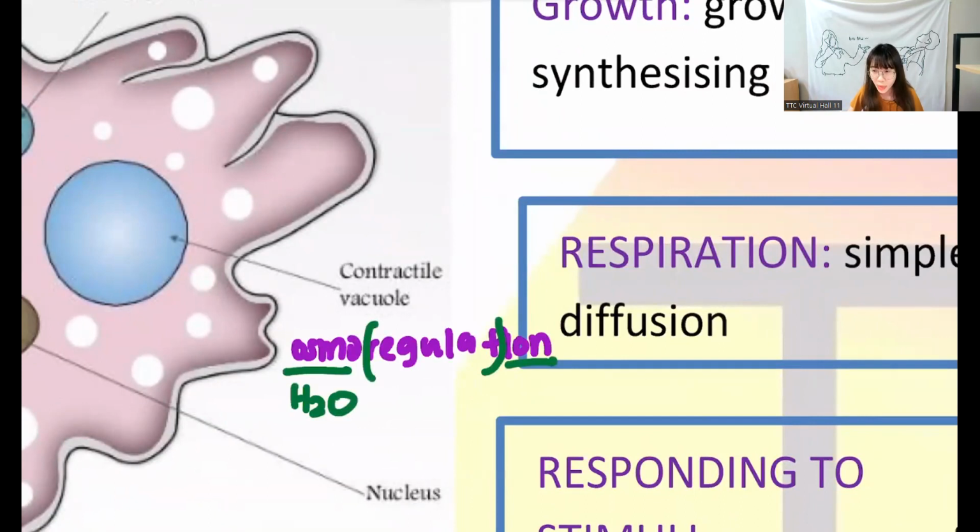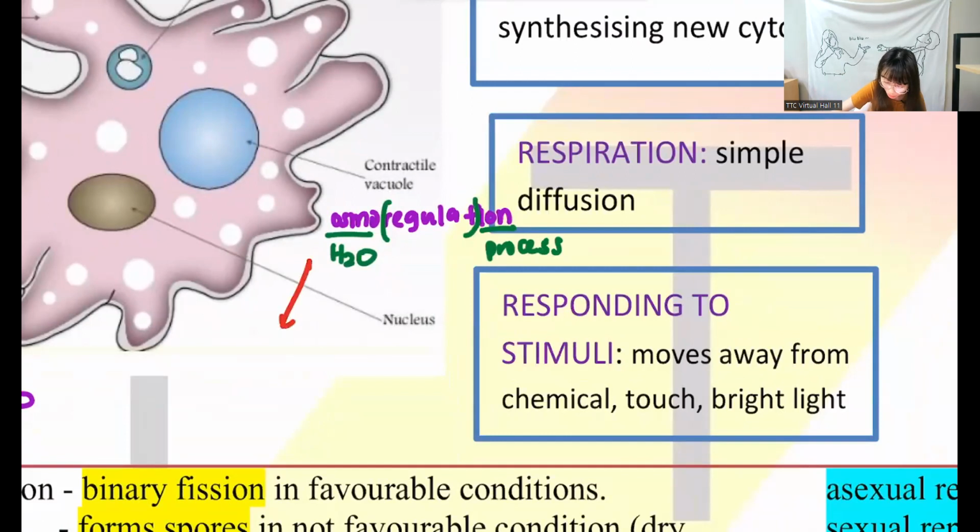Correct. It means it's a process. Very good. I've mentioned in the normal class many times, when the term ends with ION, it's a process. So osmoregulation is a process to regulate water balance in the cell. In simple words, a process to control water balance in the cell.